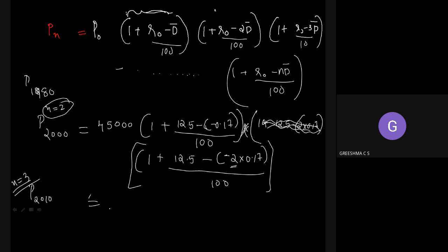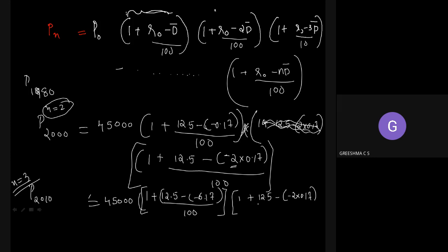So 45,000 into 1 plus R0, 12.5, minus 0.17 divided by 100, into the second term 1 plus 12.5 minus 2 into 0.17 divided by 100, into the third term 1 plus 12.5 minus 3 into 0.17 divided by 100.